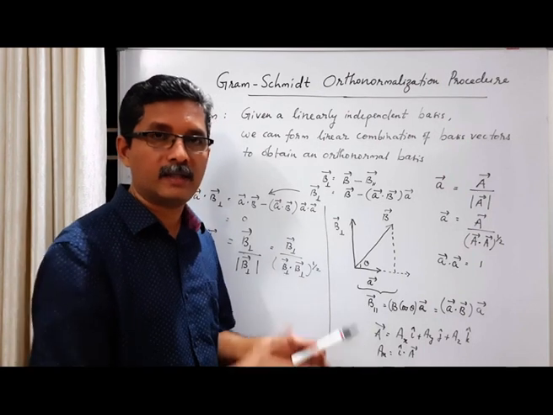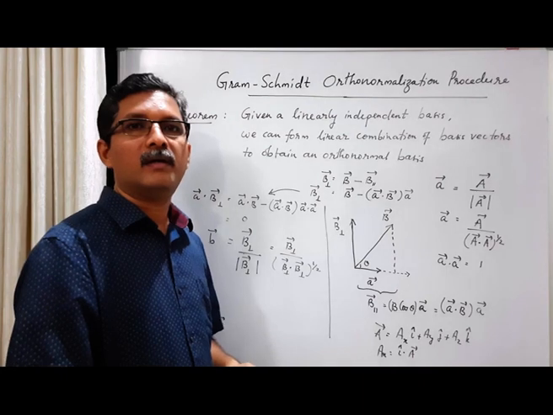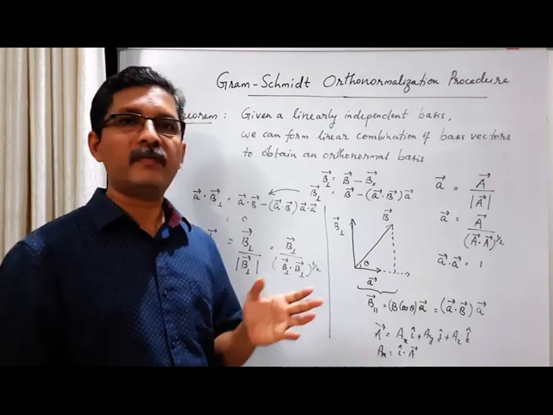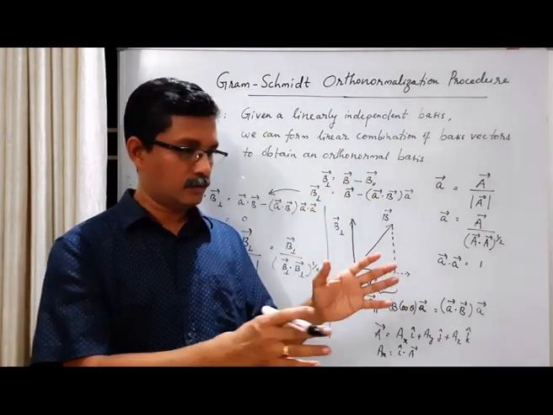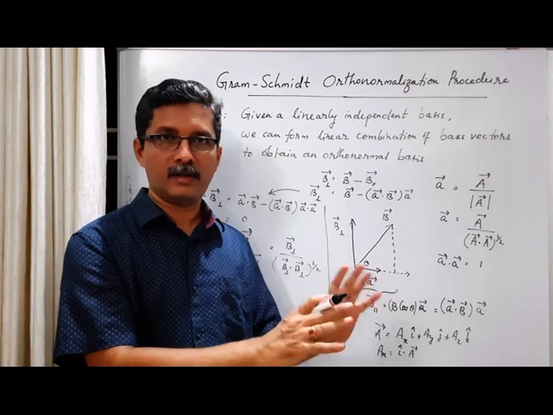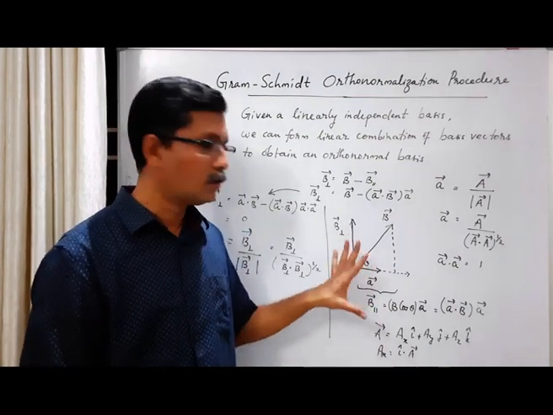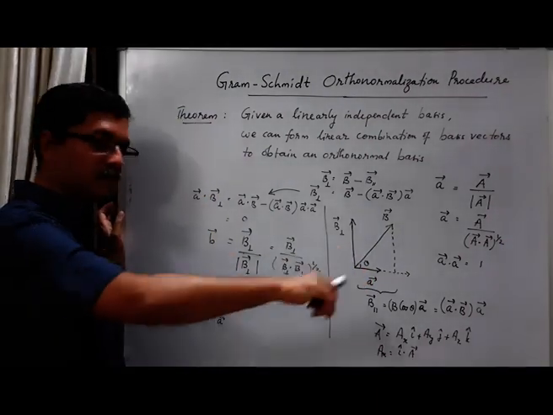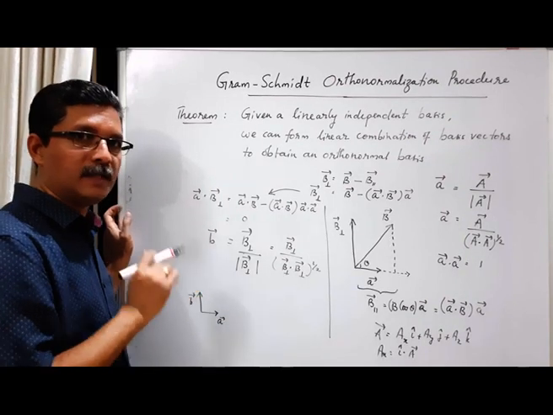You need to go to three-dimensional space to get three linearly independent vectors. So if you have a vector C, what you do is you subtract from it. Okay, so you have A and B, you have already done this procedure and you have an orthonormal set. Now you have another vector C, suppose C is along this direction. Okay, now you want an orthonormal set for these three.